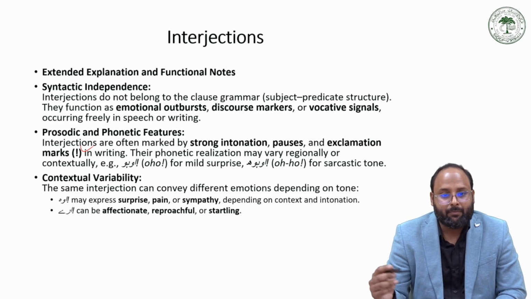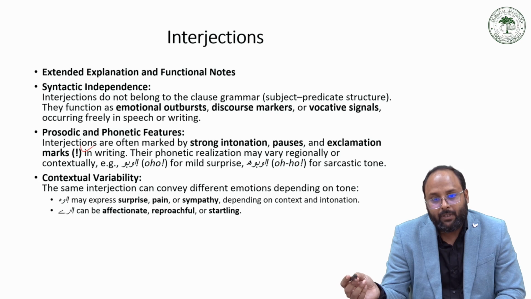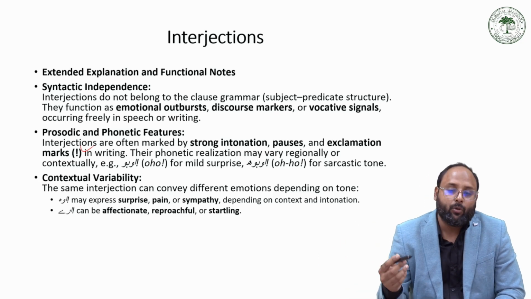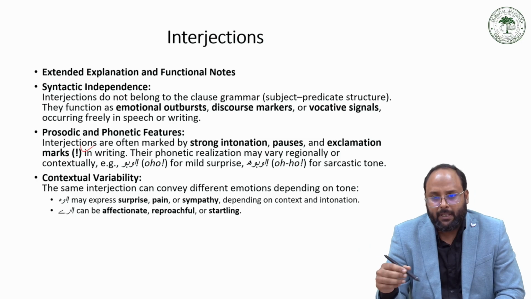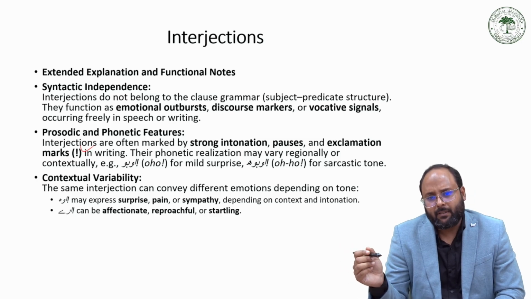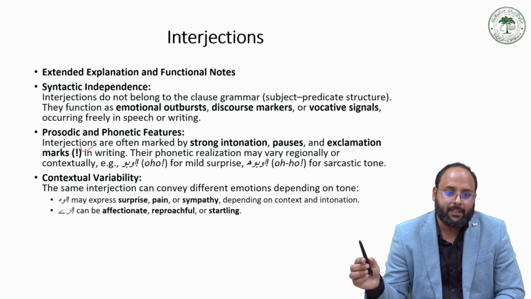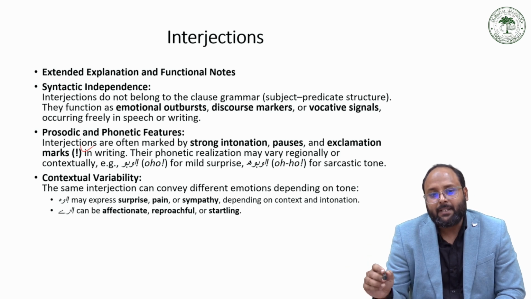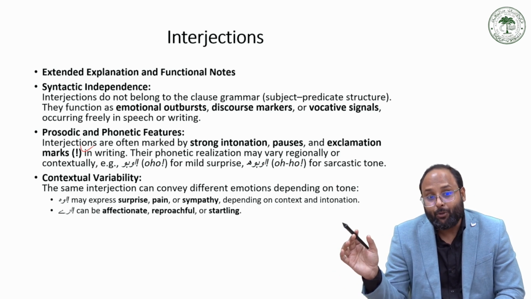In some varieties we use oh ho for mild surprise. Oh, oh, oh. For a sarcastic tone, and in different colloquial or local speech, there is some variation in the use of those interjections. As for contextual variability, the same interjection can convey different emotions depending on tone.